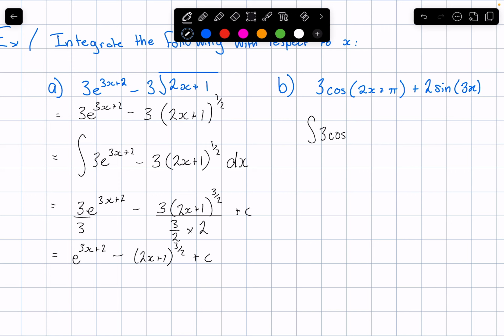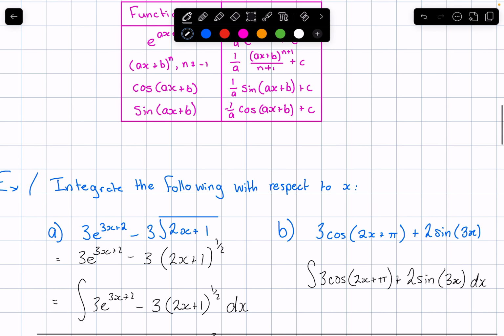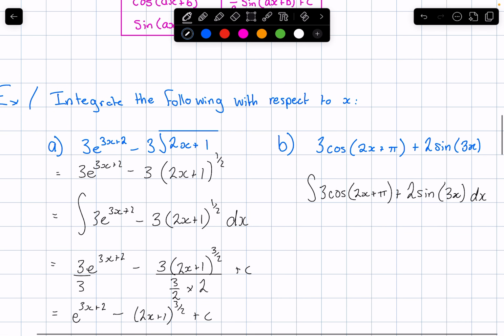3 cos of 2x plus pi plus 2 sine of 3x dx. Now, looking up here, we know cos goes to positive sine. So this is equal to 3 sine. The inside stays the same.